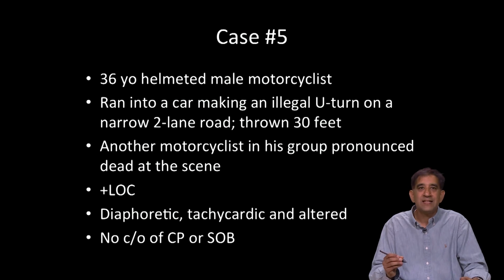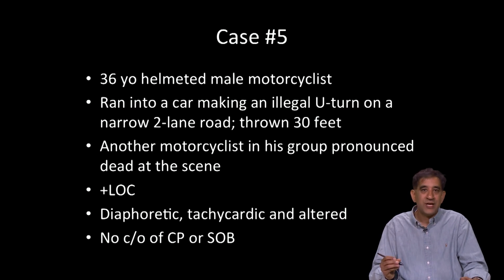And then finally, case number 5 is a 36-year-old helmeted male motorcyclist who ran into a car while making an illegal U-turn on a narrow 2-lane road, and he's thrown about 30 feet. Another motorcyclist in his group is pronounced dead on scene. This patient had a brief loss of consciousness and now comes in diaphoretic, tachycardic, and with altered mental status.